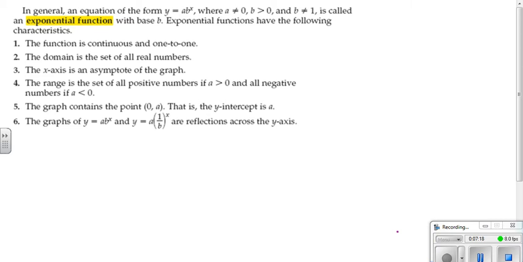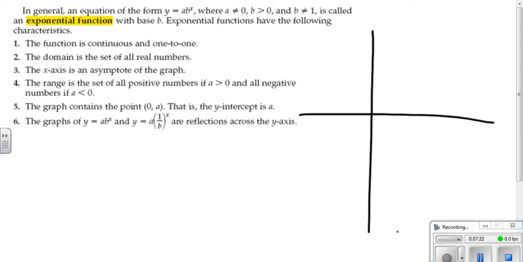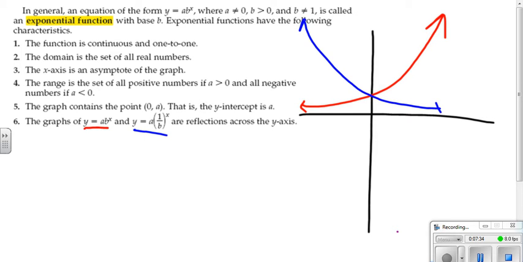If we were to draw the graph here, if this one here was our first one, y equals a b to the x, then y equals a (1 over b) to the x would be a perfect reflection of it over the y-axis. Notice our y-axis right here, use it like a mirror. They'll perfectly flip over and look just like the other one. That's how that works.